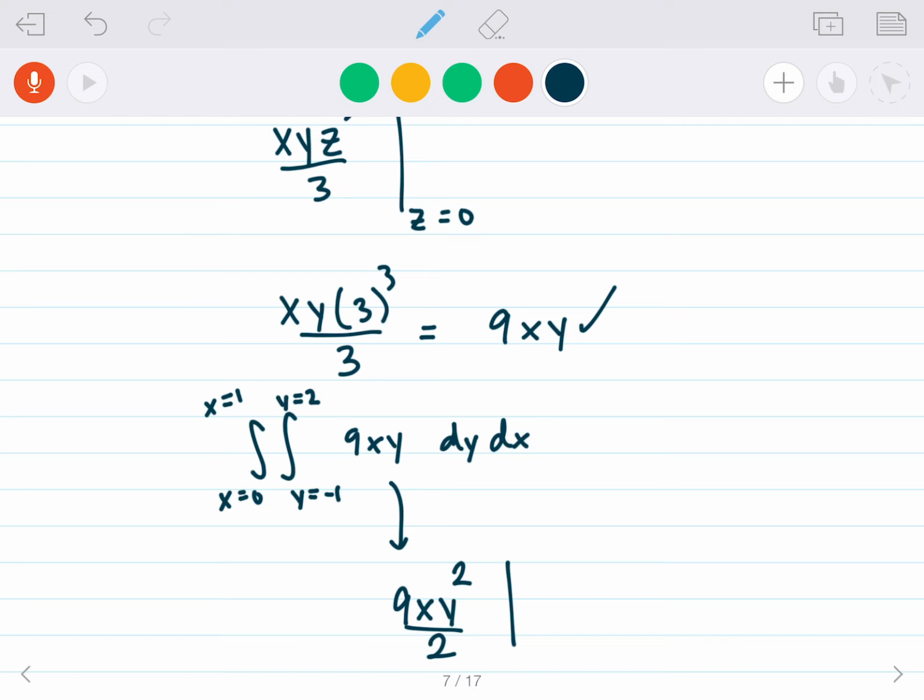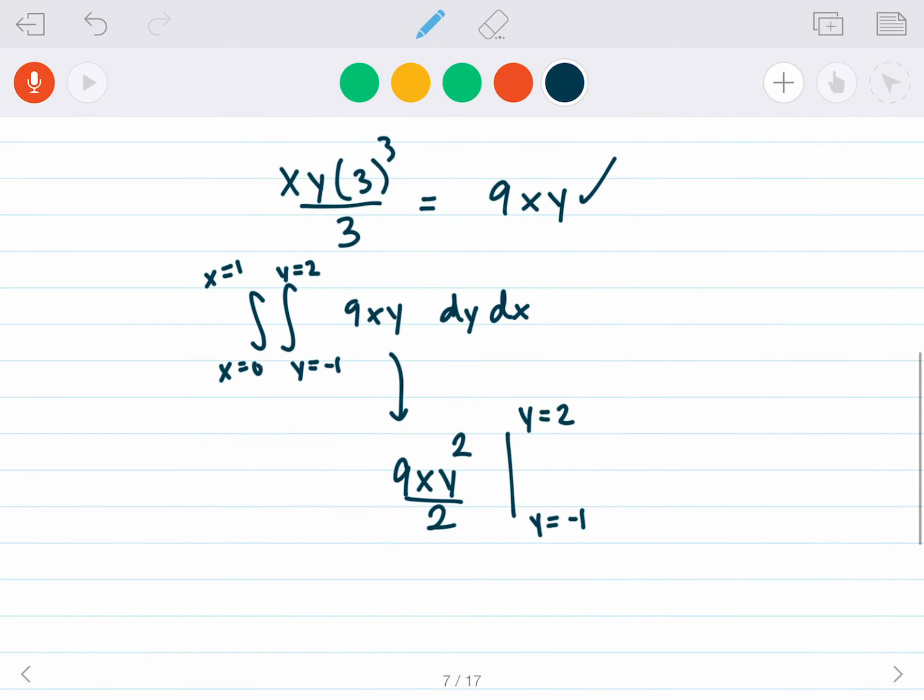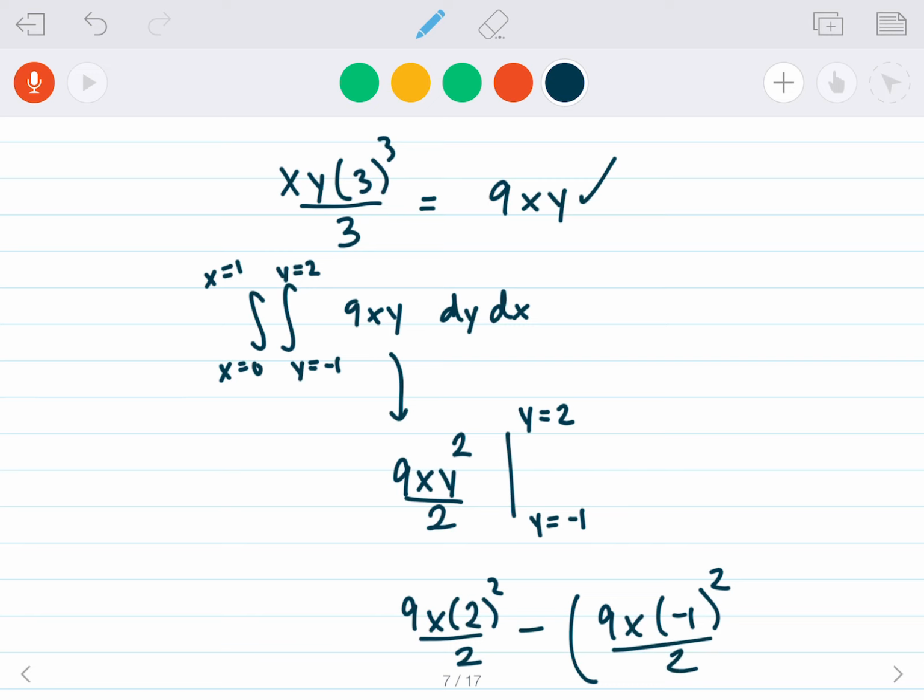And I'm going from y equals -1 to y equals 2. Again, I'm just treating that 9x like it's a constant number. Okay, so when I do that, I get 9x times 2 squared over 2 minus, I've got to be careful here because my lower bound isn't 1, minus 9x times -1 squared, or my lower bound isn't 0, I meant to say. Okay, so there we go.